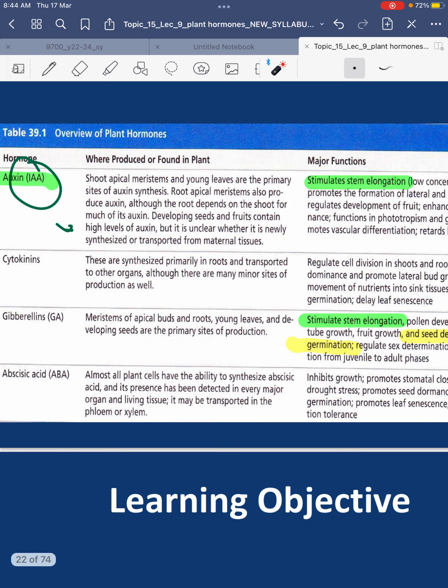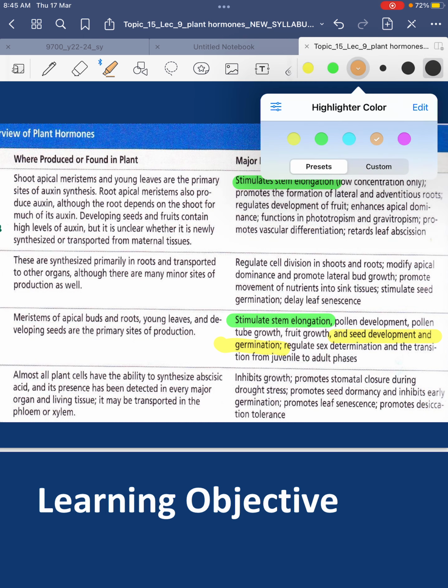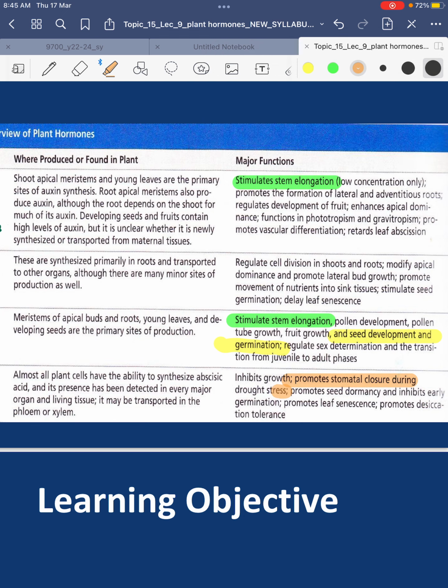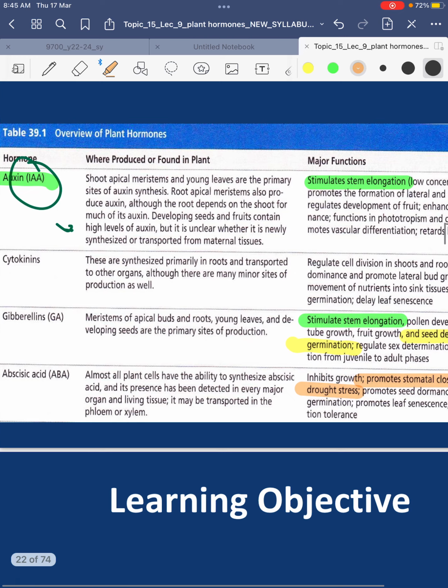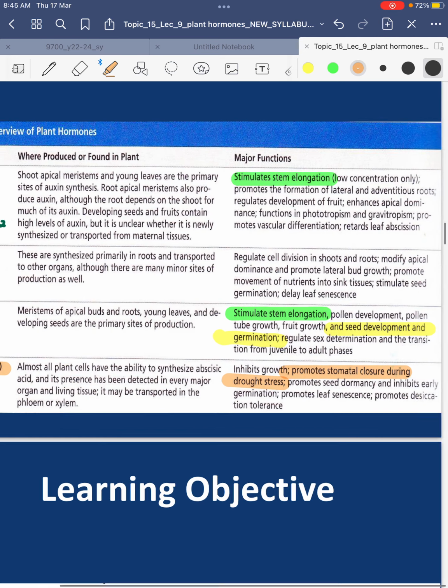There are many functions of these plant growth hormones: auxin, cytokinin, gibberellins, and abscisic acid. Cytokinin is not in the syllabus, but abscisic acid is involved in closure of stomata, and that is already done. You must know the mechanism as well.